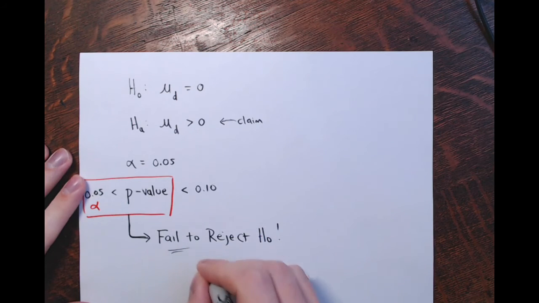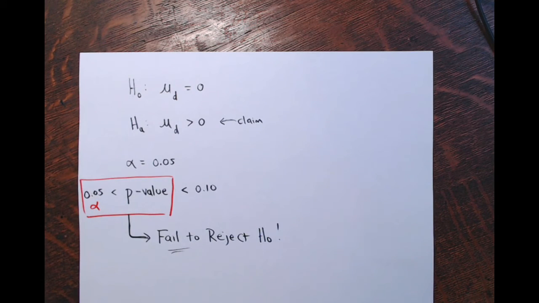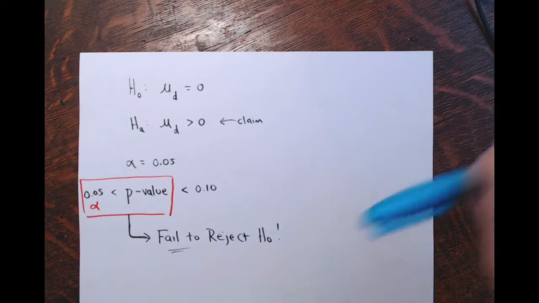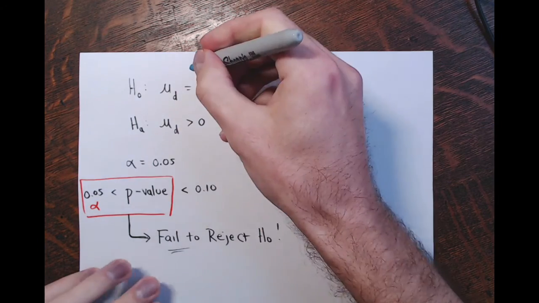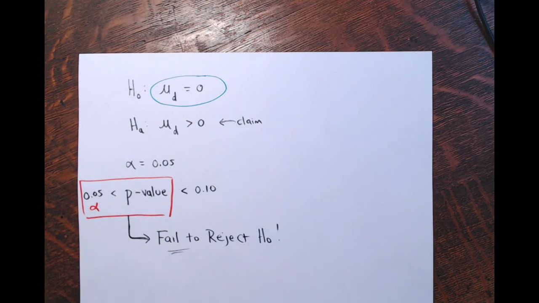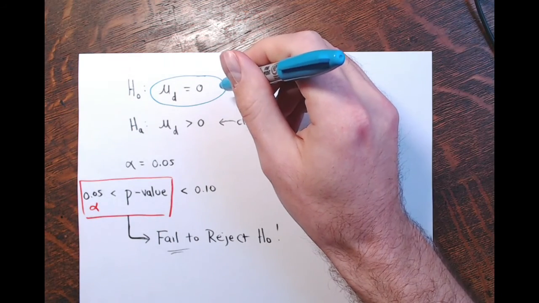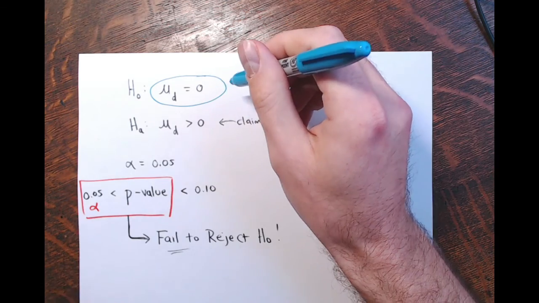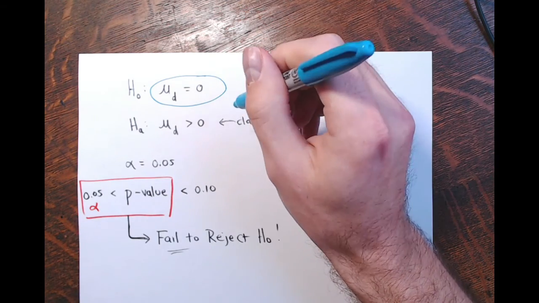So I'm failing to reject the null hypothesis. That means I'm keeping this statement that mu d equals 0, the population average difference between the ages of husbands and their wives is equal to 0, or there is no difference on average. I'm keeping that statement that there is no difference between husband ages and wife ages on average.